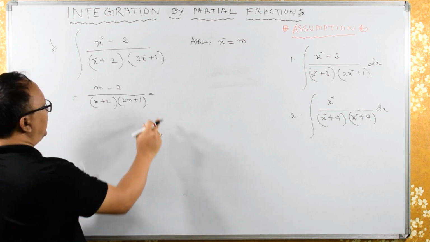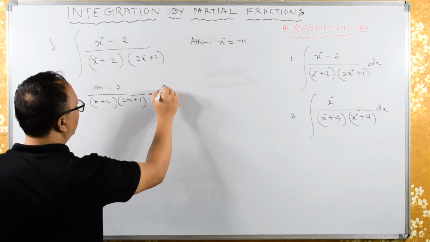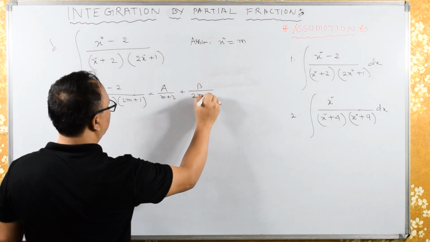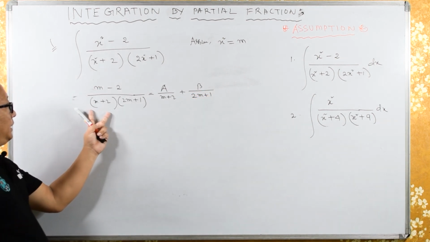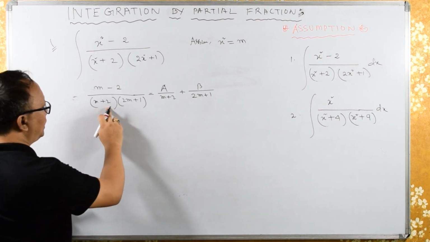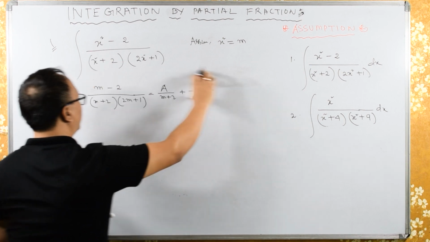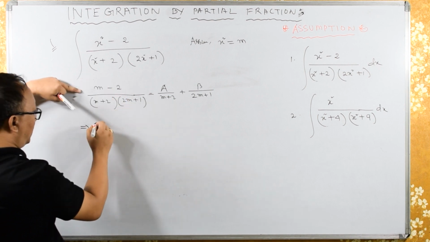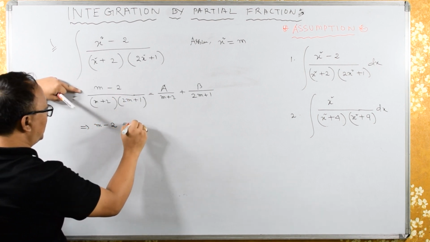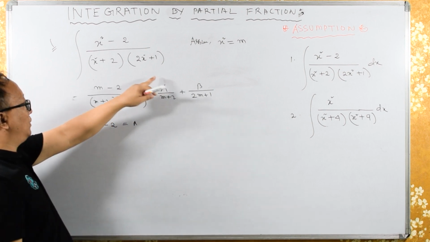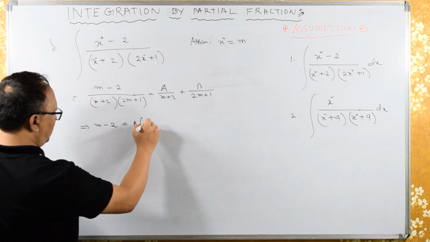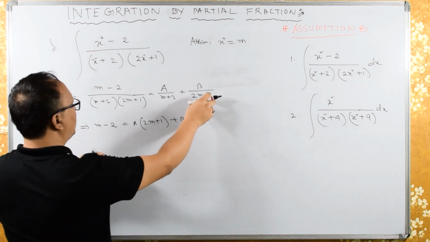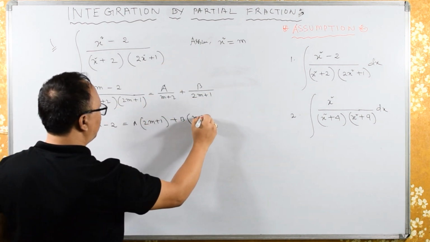These are linear and non-repeated, so we write A/(m + 2) + B/(2m + 1). Multiplying both sides by (m + 2)(2m + 1), we get m − 2 = A(2m + 1) + B(m + 2).